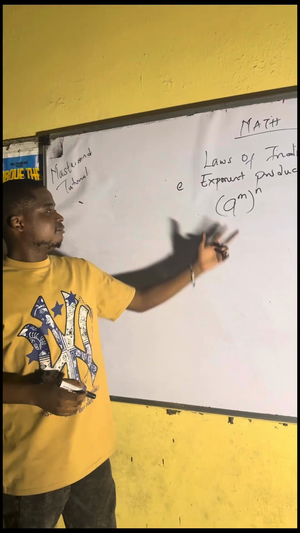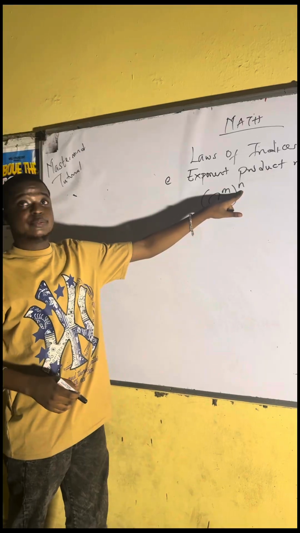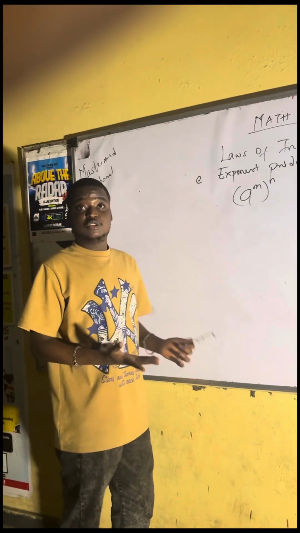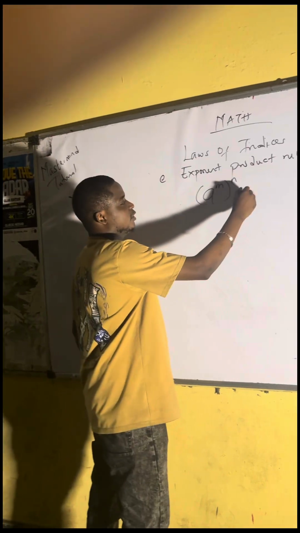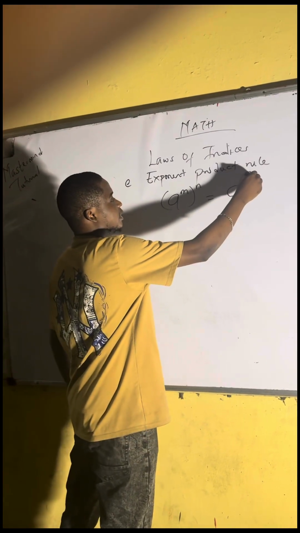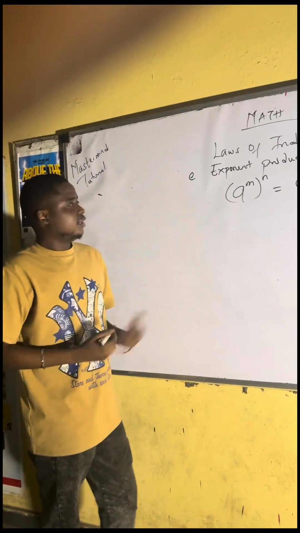This is an exponent of a, and another exponent of the whole expression, which is a raised to the power m, raised to the power n. The simple way to express this is just going to be the base, which is a, raised to the power m times n.